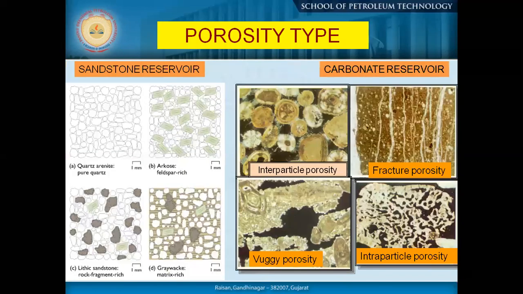Okay, just see the difference: the left side is a sandstone reservoir and the right side is a carbonate reservoir. What is the difference? If I am working with a sandstone reservoir, more or less they are homogeneous in nature, and their distribution pattern is more or less regular. So if I get a small piece of information from a simple core plug, sometimes I can upscale it to my reservoir scale.